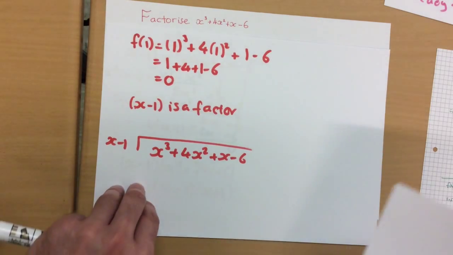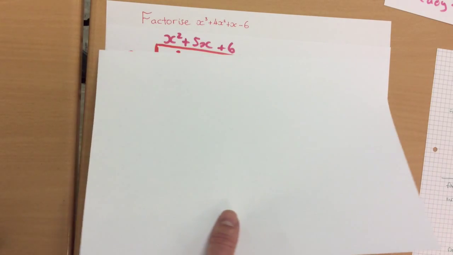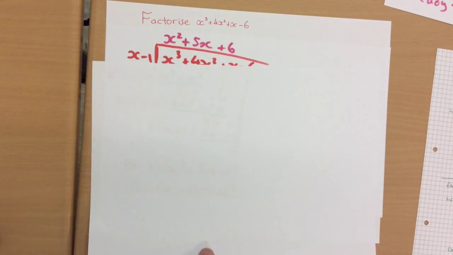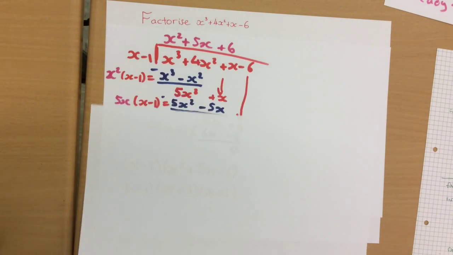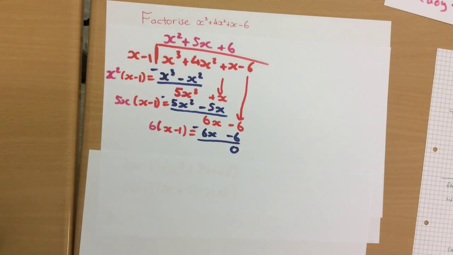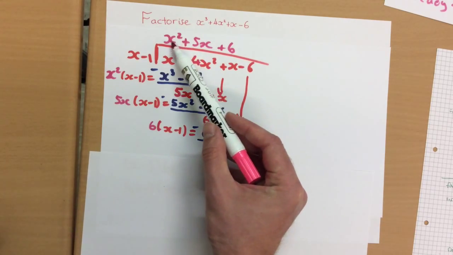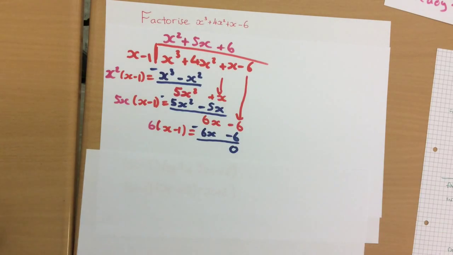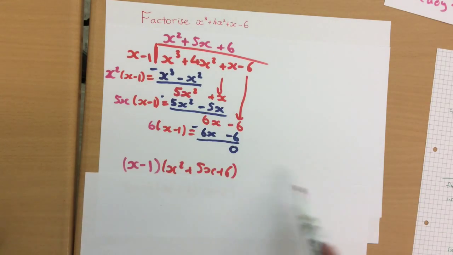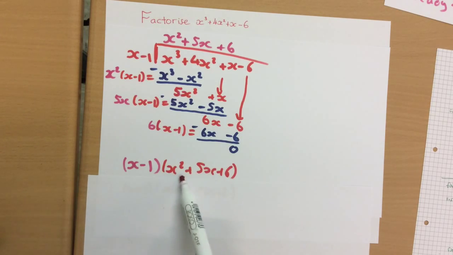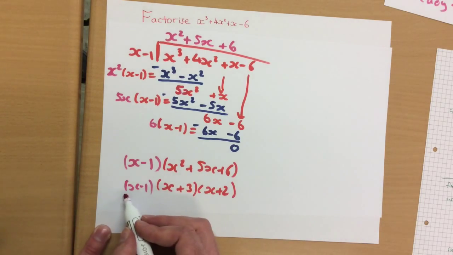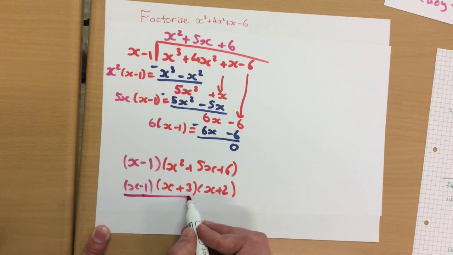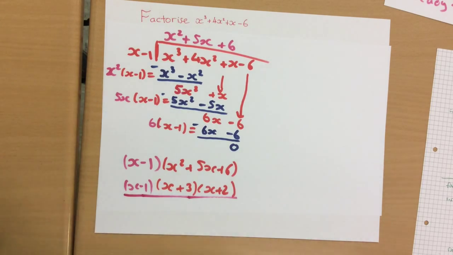And when you divide that, you're going to get the steps. So our quotient is x squared plus 5x plus 6, and our factor is x minus 1. There's our quotient. If you factorise this, you'll get x subtract 1, x plus 3, and x plus 2 as your solution.